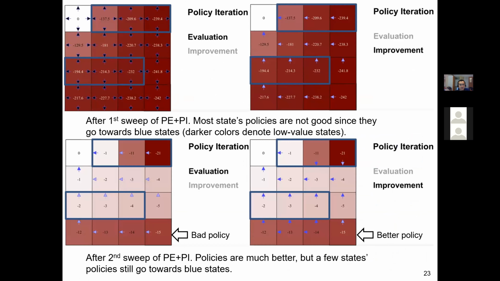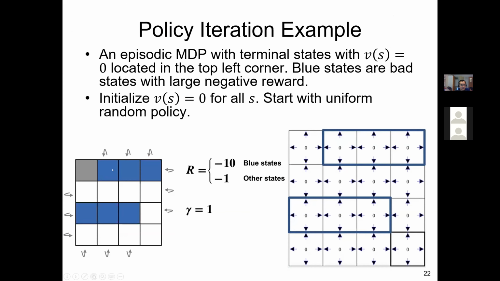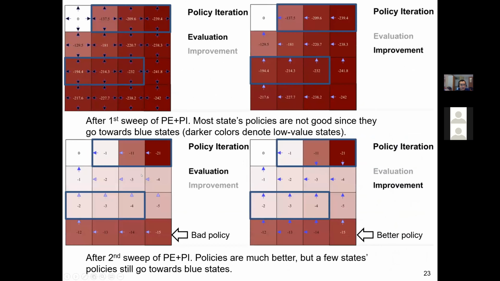So in the first sweep of policy evaluation, you get these values. These are very negative because, remember, the blue states marked here with blue squares have a -10. And your policy is random.